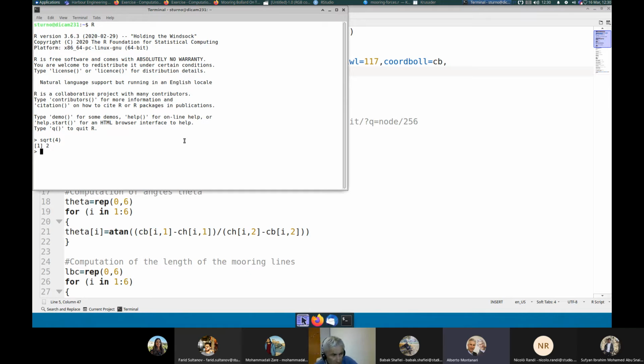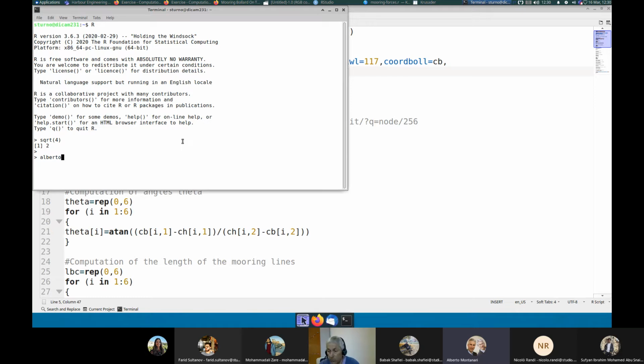Now, let's suppose that I want to build a custom function, okay? And let's suppose that the function is simply taking the sum of two numbers. So I want to give as argument of the function two numbers, and the result of the function is the computation of the sum. Okay, so let me call it Alberto, okay?